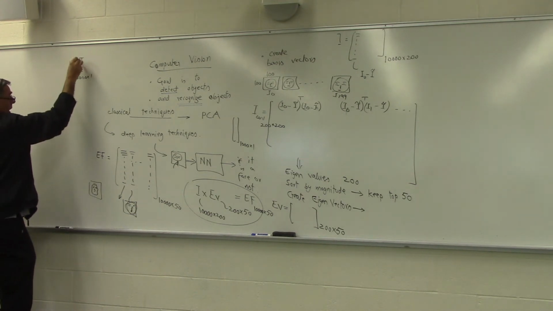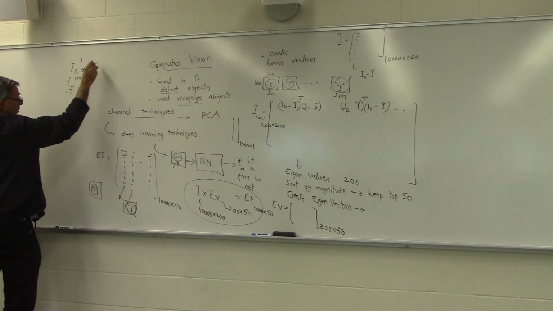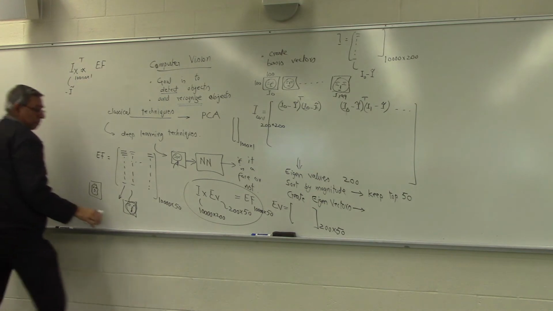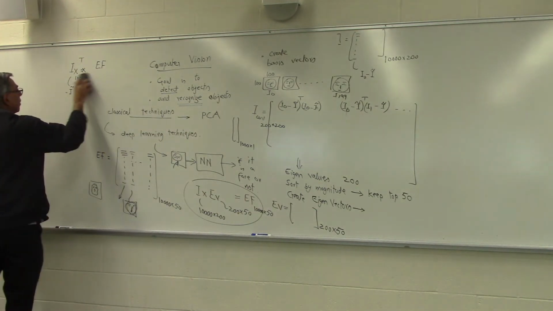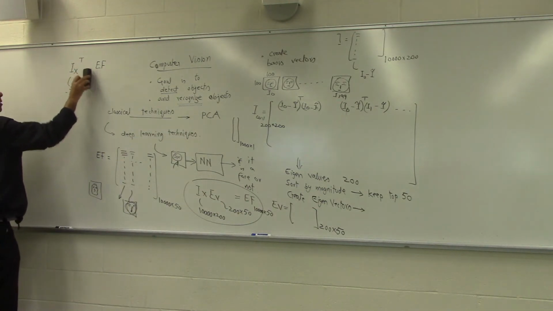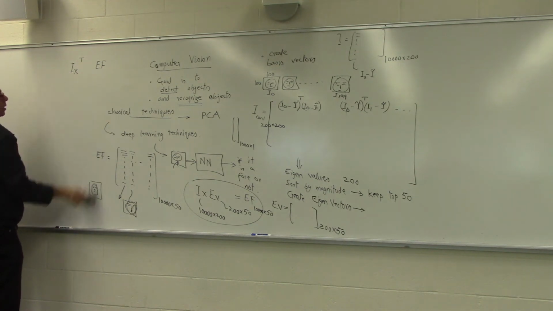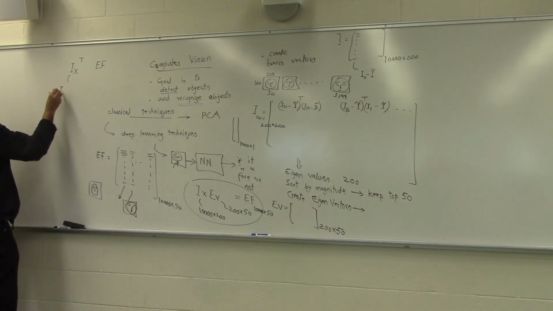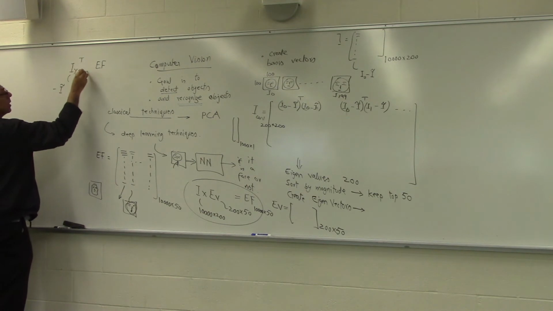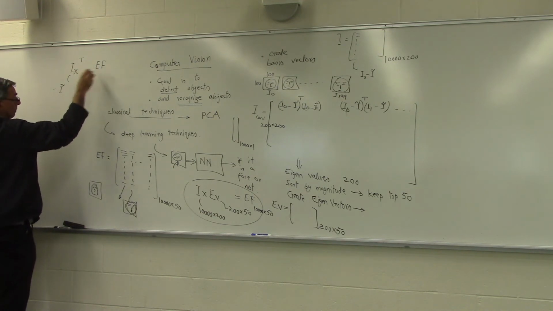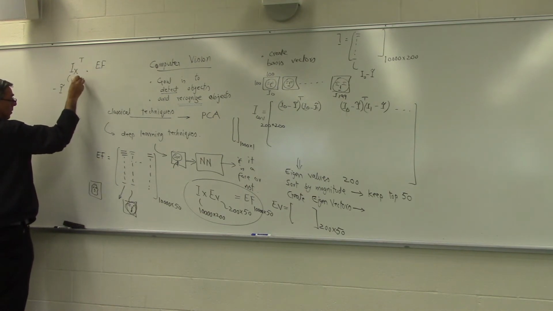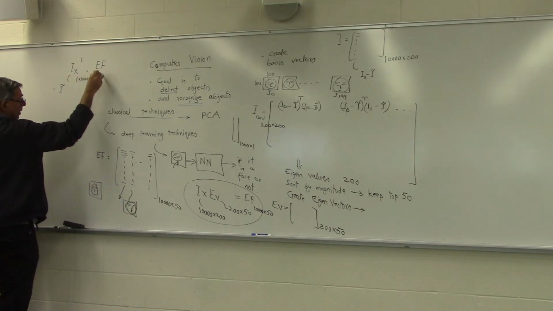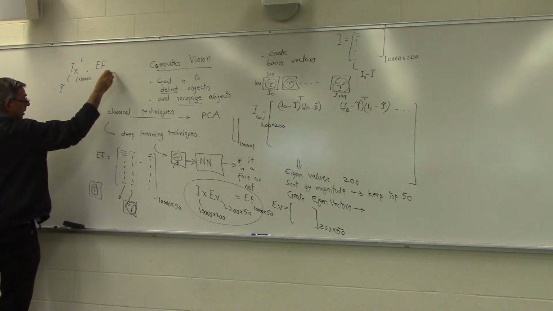So if we did I transpose, minus I bar, times EF, so this will be 1 by 10,000, and this is 10,000 by 50.